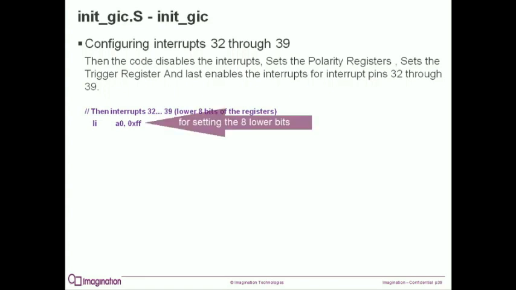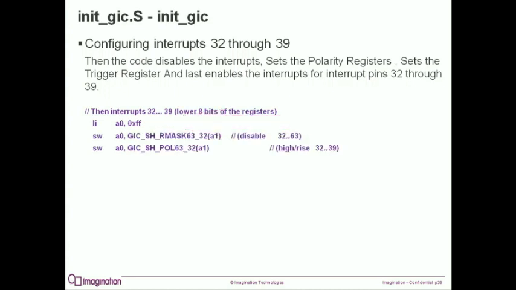Interrupts 32 through 39 are located in the 8 lower bits of the registers, so the code sets A0 to hex FF, and will use this register to set interrupts 32 through 39 bits. Then the code disables interrupts, sets the polarity register, sets the trigger registers, and at last enables the interrupts.